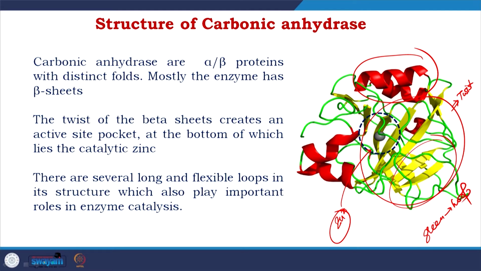You see that this enzyme is flexible and these loops have a very interesting and critical role in catalysis. But at the same time, the presence of these long loops would make your enzyme less adaptive to high temperature.